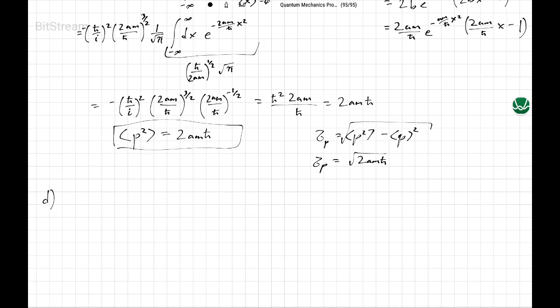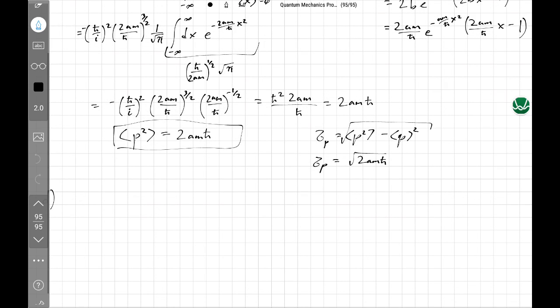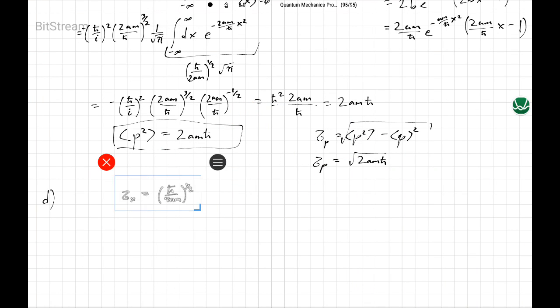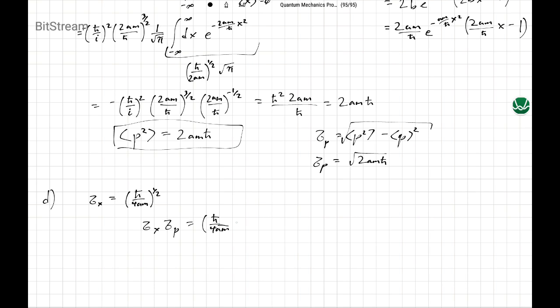So part D. Alright, so part D, we want to know sigma x times sigma p. That is going to be h bar over 4am times 2am h bar to the 1/2.